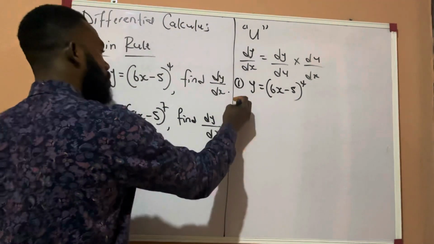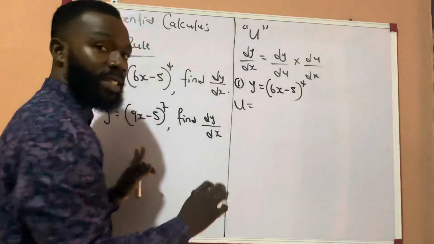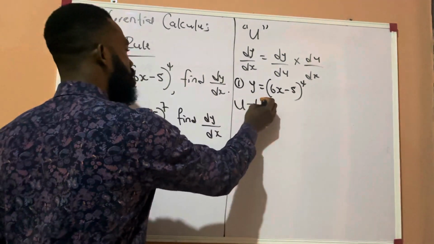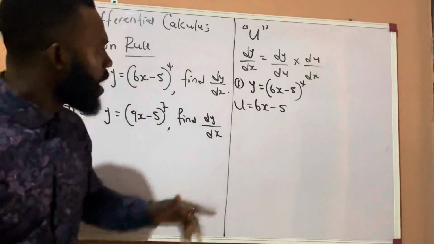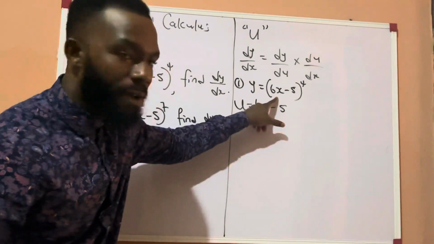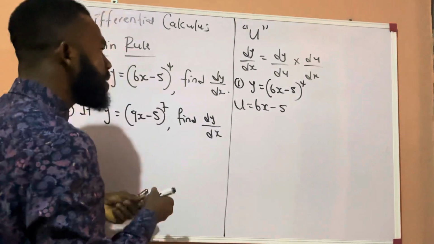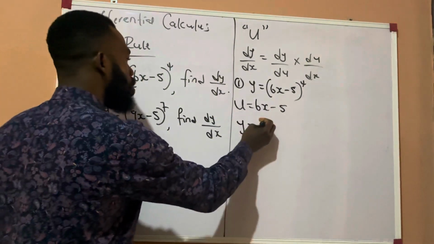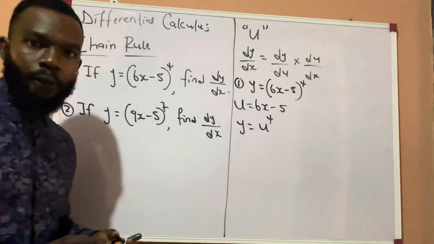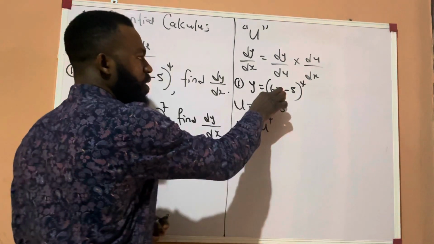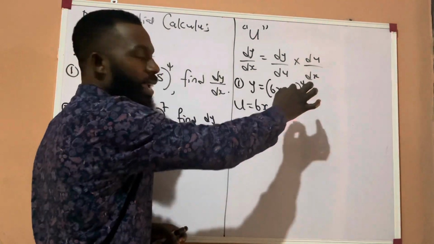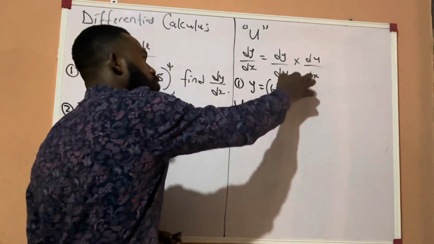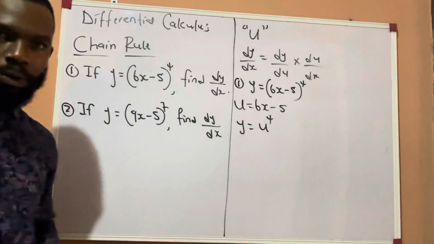Now u is equal to the function inside the bracket, which is 6x minus 5. If u is 6x minus 5 in the bracket, it means y is equal to u raised to the power of 4, because substituting u into the bracket, we have y equal to u raised to the power of 4.